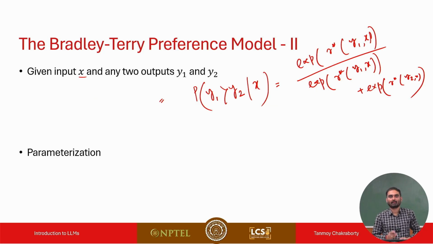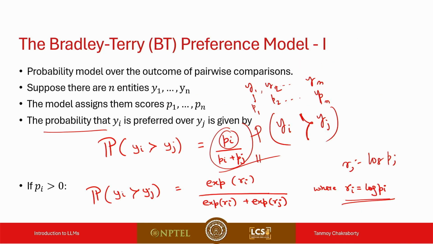What is this r star? R star is kind of an oracle reward function, right? Of course, it's a reward function. As you see, r star, they are the same kind of thing. So r star i, they are linked to pi, pj, right? Now pi, pj are what?